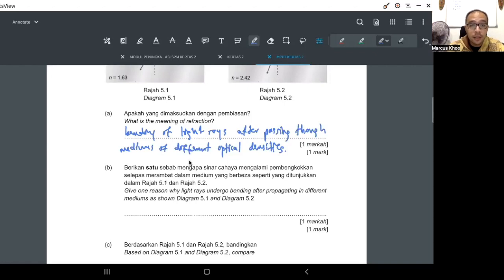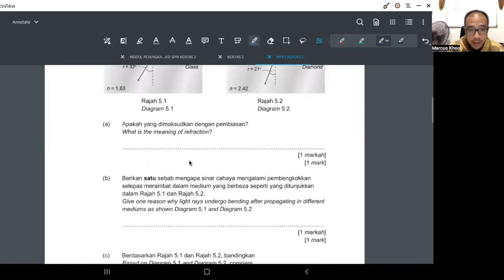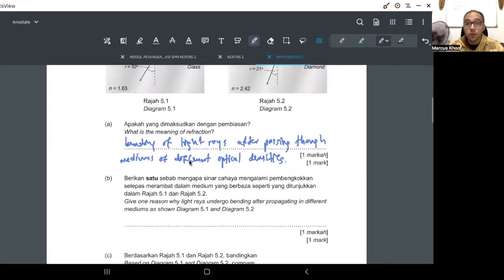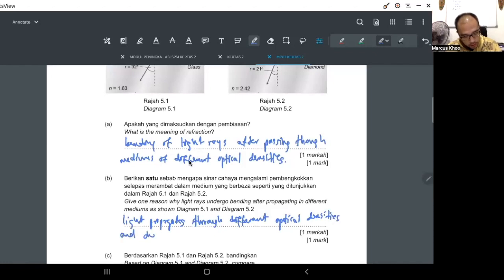The reason is because light propagates through different optical densities and changes speed.